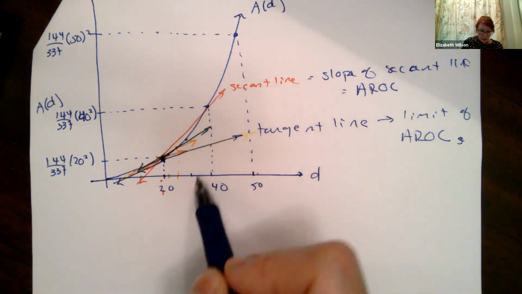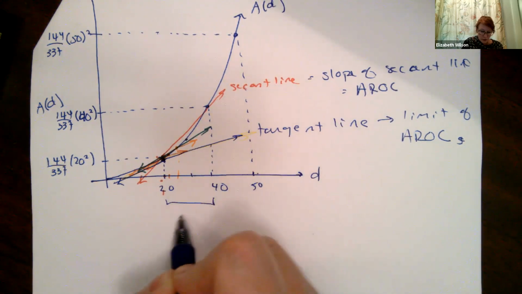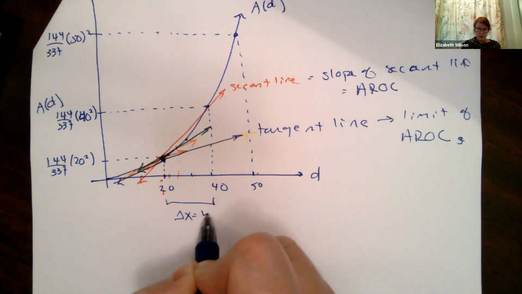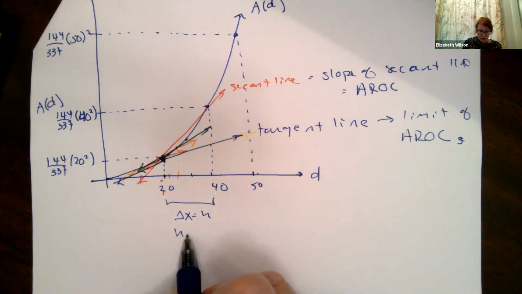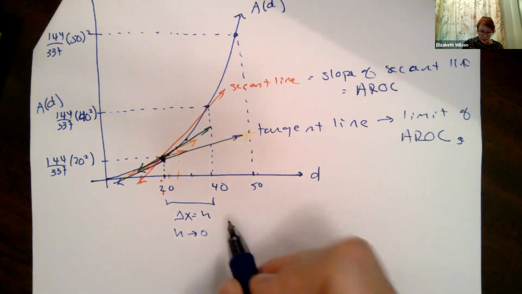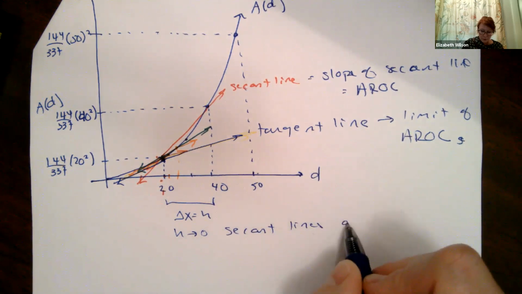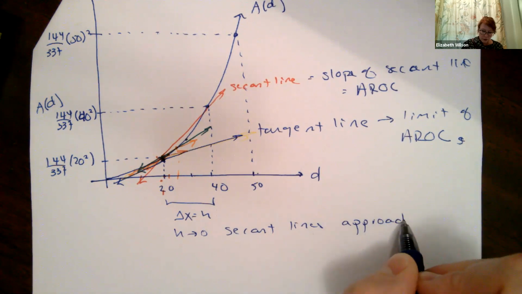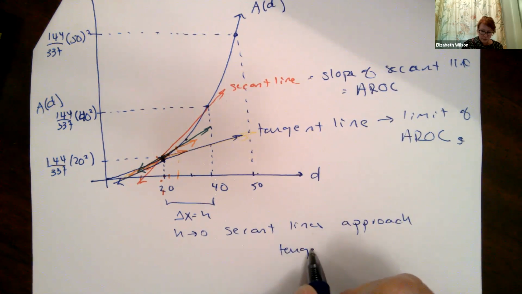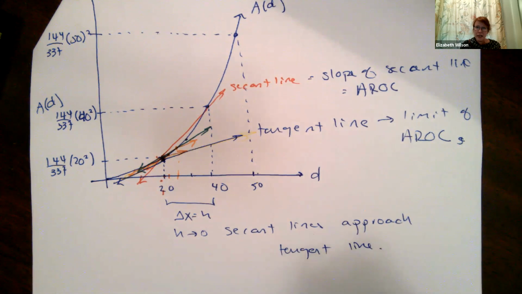We talk about this distance here, delta x equals h. Okay, as h gets closer to 0, my secant lines approach the tangent line. The slope of our tangent line is our derivative.